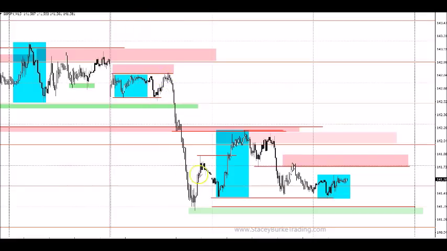Pay particular attention to daily high and daily low levels. They will often give you information that will help point you in the direction of where the market's heading.